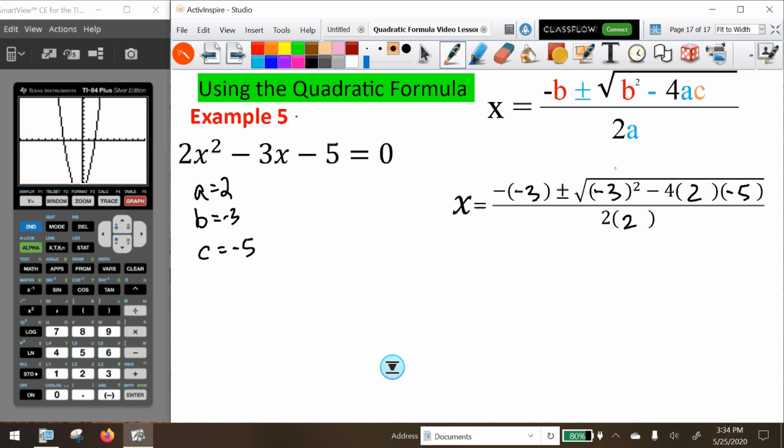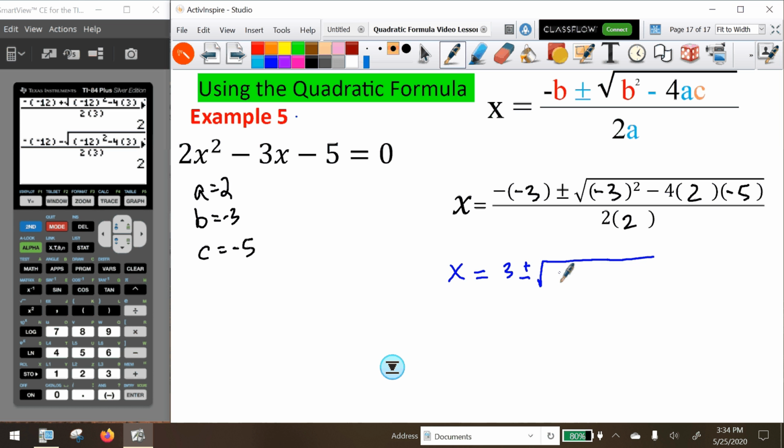All right, so we have negative of a negative 3, which is a positive 3, plus or minus the square root of negative 3 squared, which is 9, minus 4 times 2 times negative 5. Now, negative 4 times 2 is negative 8, times negative 5 is positive 40.